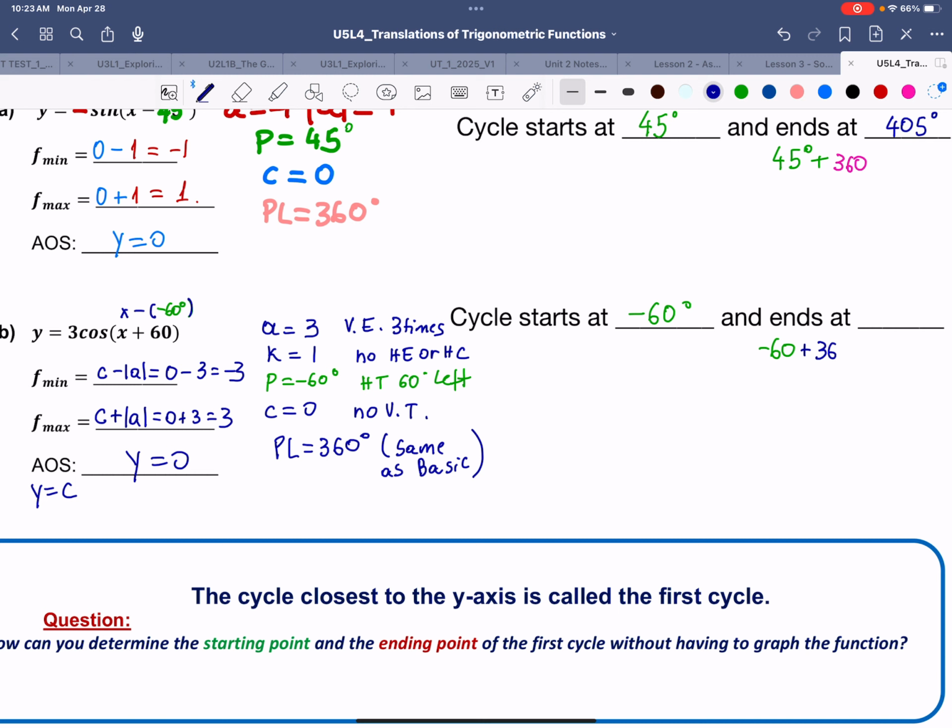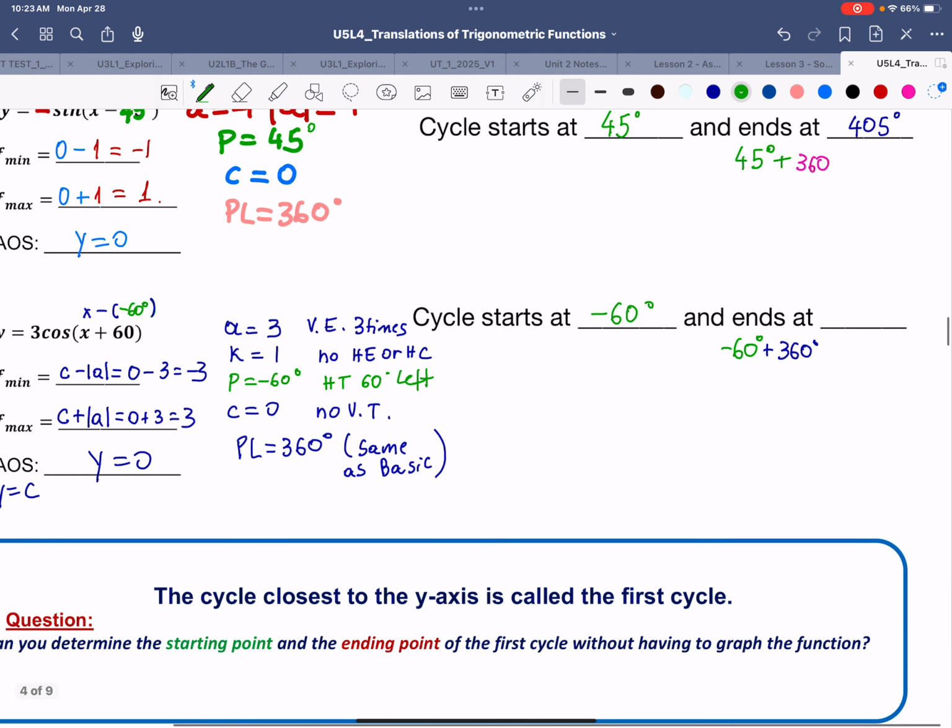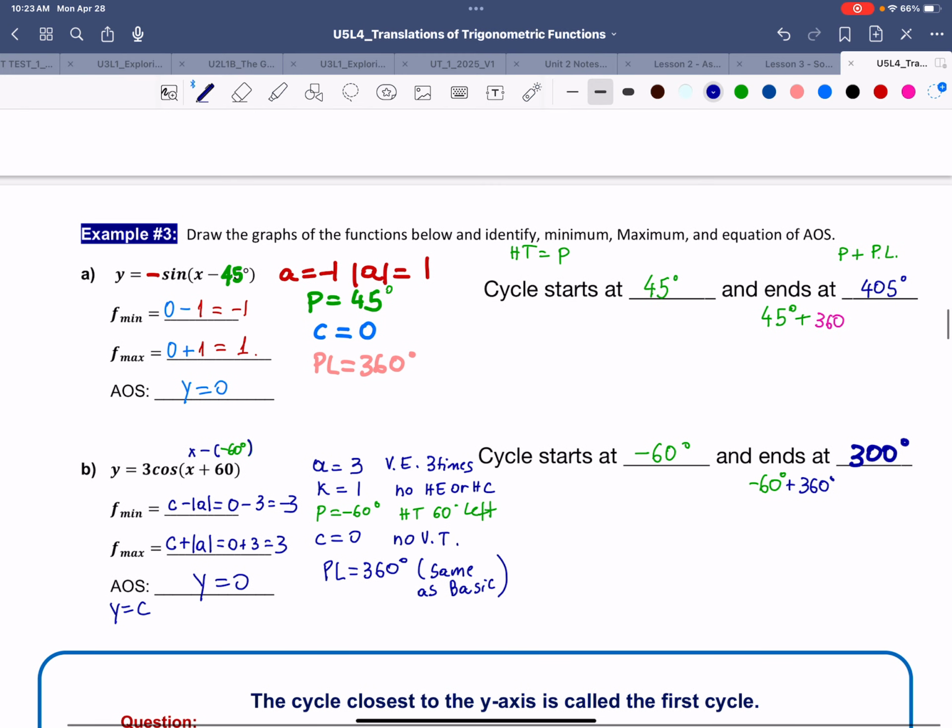So the first cycle of the graph will end at 300 degrees. Let me make this a little bit bolder. 300 degrees.